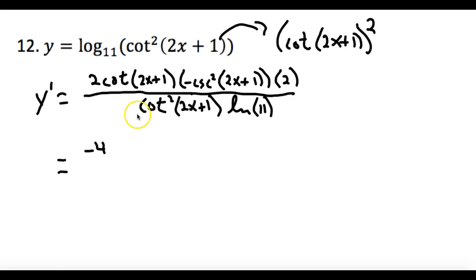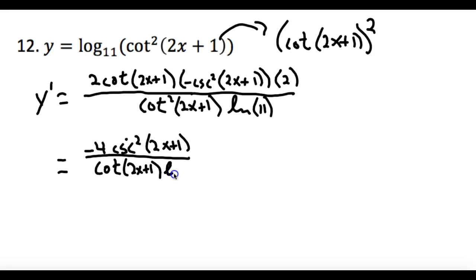So I can cancel one of those out. And I'll just have negative 4 cosecant squared of 2x plus 1 over cotangent of 2x plus 1 times the natural log of 11.